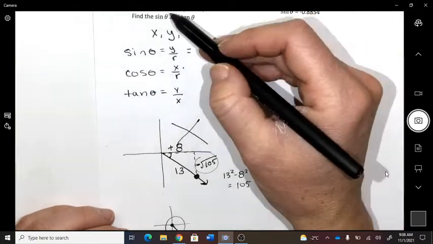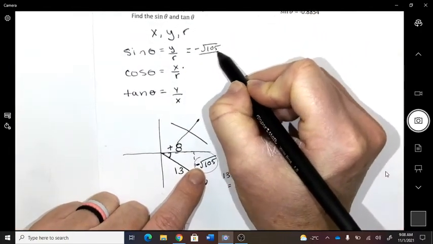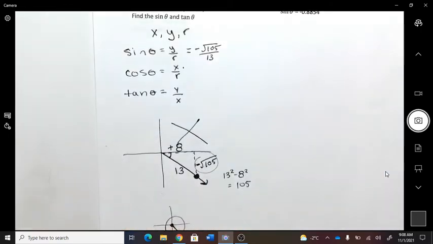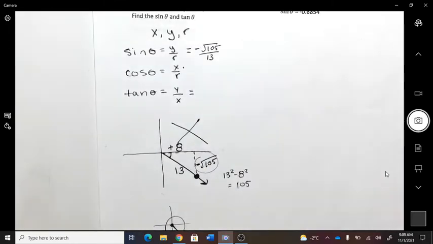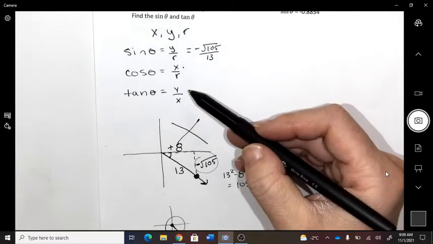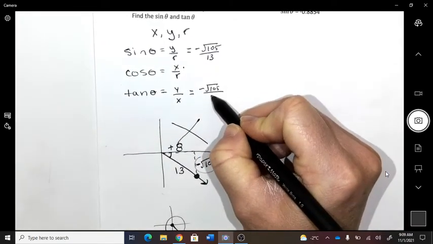So the sine is the y divided by the r. And I was asked to write the tangent. So I want the trig value for tan, so that is the y divided by the x.